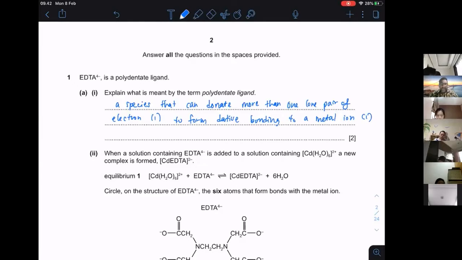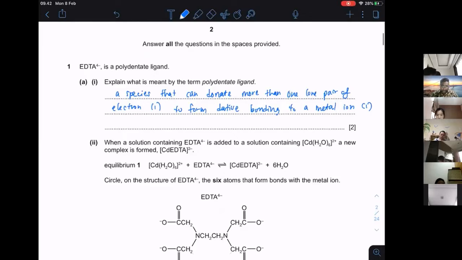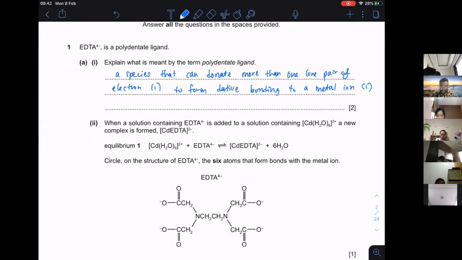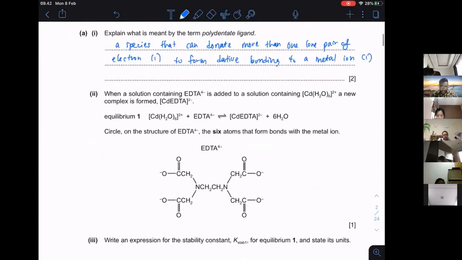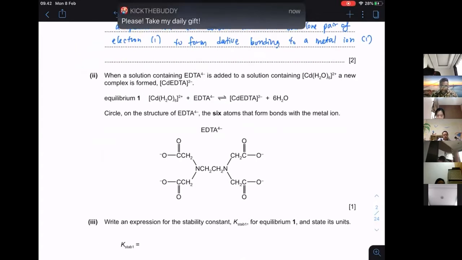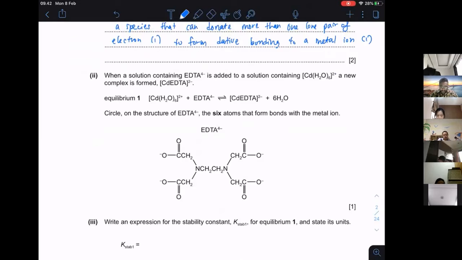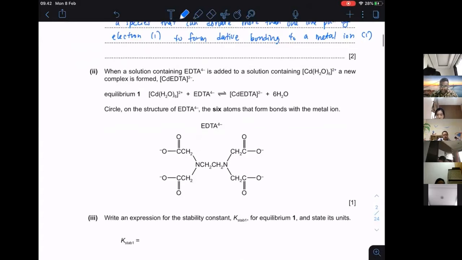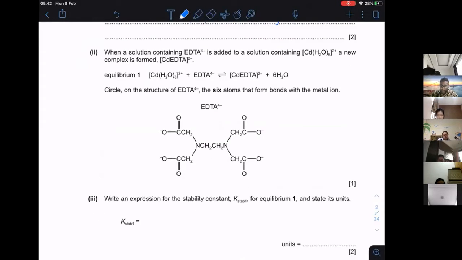And then if you look into the structure of EDTA, EDTA is added to a solution containing a cadmium complex. A new complex is formed. So you have this structure of EDTA. We need to circle the 6 atoms that will form the bond with the metal ion.